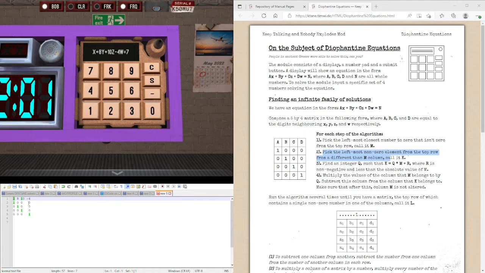This top row is going to be the only one that has different numbers in it. These ones are going to stay as 1s. But say if we had 3, 8, 10, and negative 4, then we would pick this one. We would find the biggest number which is smaller than 8 and a multiple of 3, which is 6, which we multiply by 2, and then we subtract that off, so this one would become negative 2.